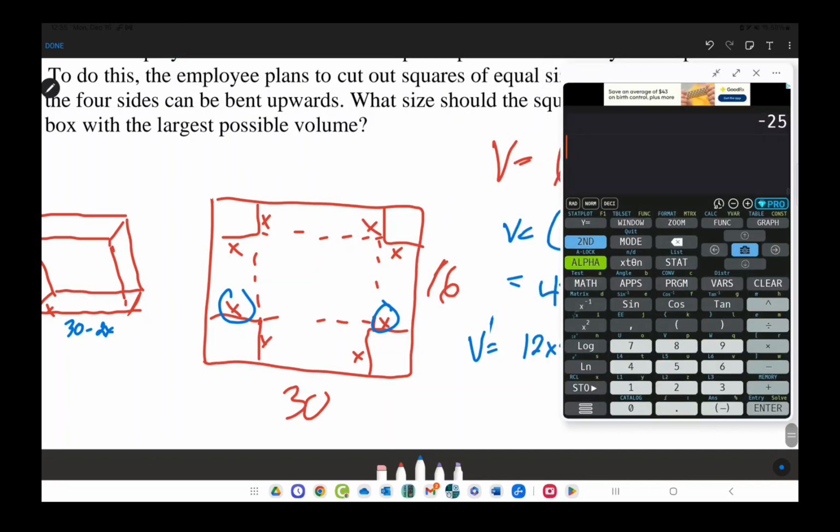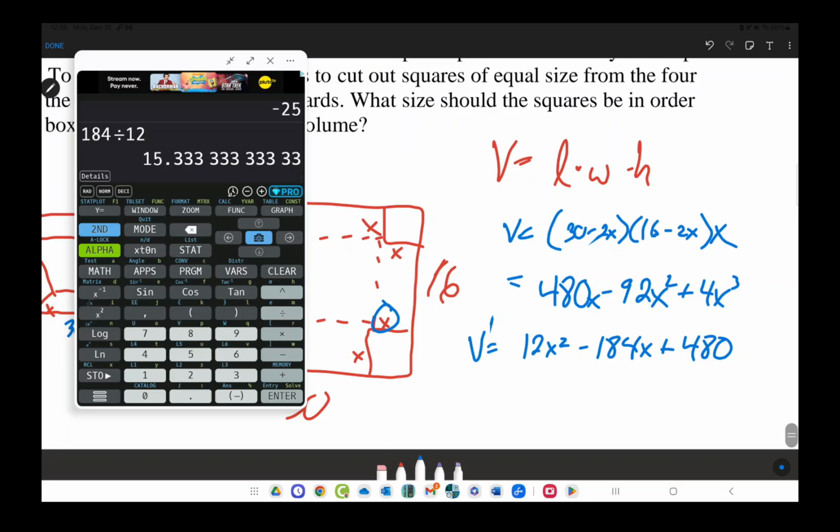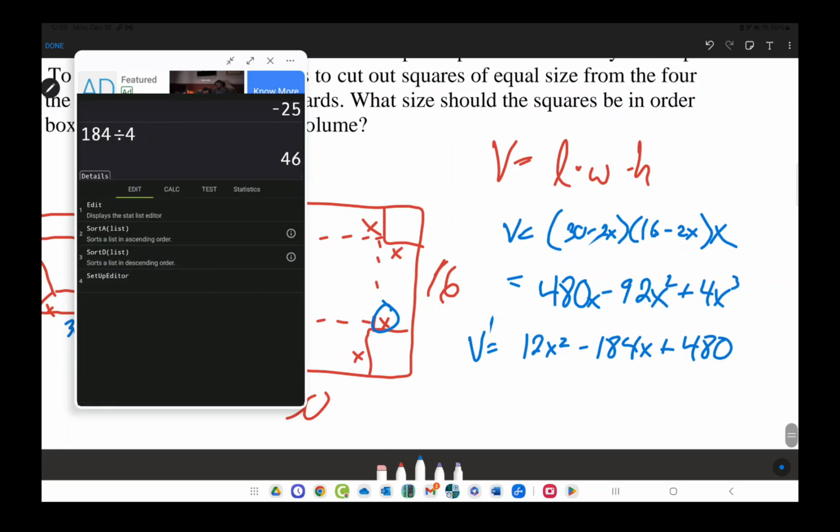And I think I can divide that by 4. So V prime equals 0 is equal to, you can factor a 4, 3x squared minus 46x plus 120.